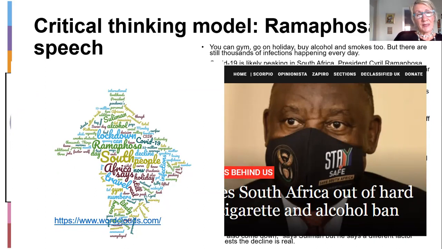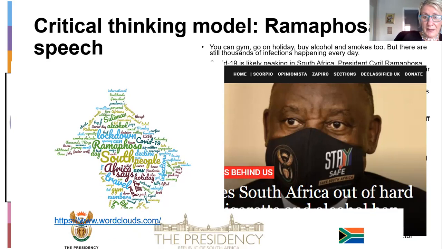Then you can see all the words that are written, like what we do on Menti as well. The ones used the most are the most prominent words. So if you want to look at word choices, you can look here. Here's his name: Ramaphosa, lockdown, South Africa, holiday, people, decline, COVID, all those words, plus the smaller words which were not used very often.